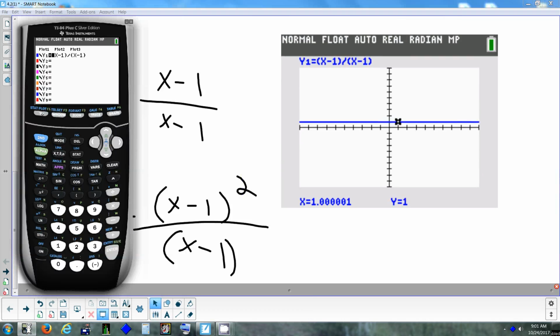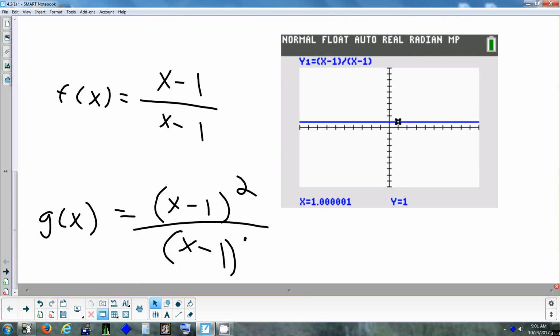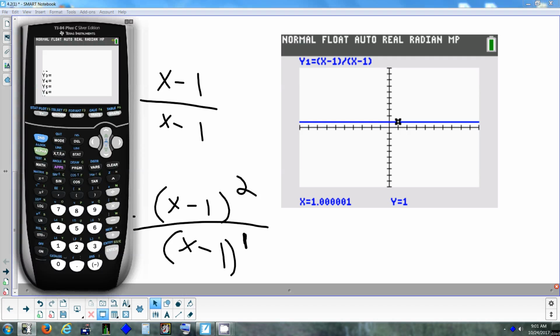This time, the numerator is a degree higher. So what's going to happen here is, if you think of this, you have two things with the same base. If you subtract the exponents, this is basically going to look like x minus 1 to the first. This is going to look like a line with a slope of 1 and a y-intercept at -1. From the graph, you would never know there's a hole. That's the point.